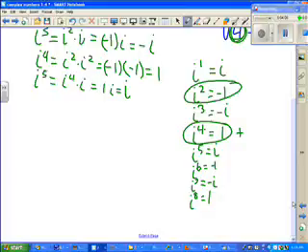If the exponent was odd, we subtracted 1. So if it was i to the 23rd, we would subtract 1, so that'd be i to the 22nd. Well, i to the 22nd would be -1 because 22 is not divisible by 4.